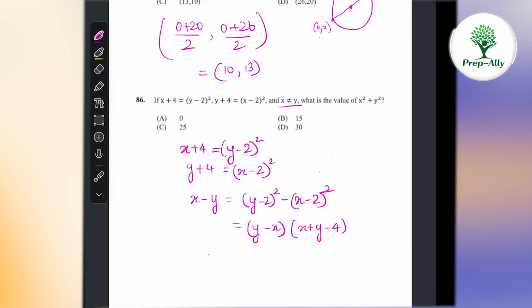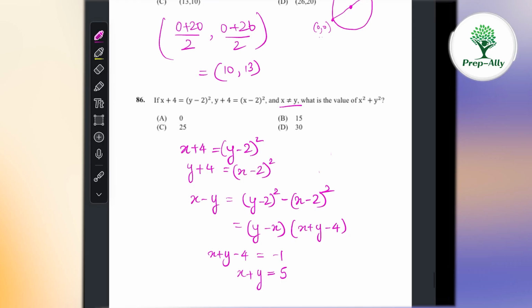So we can cancel the x minus y and y minus x, right? Because x and y are not equal. So x plus y minus 4 equals minus 1, so x plus y equals 5.